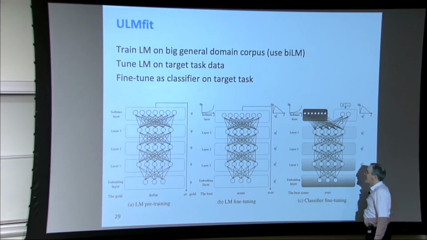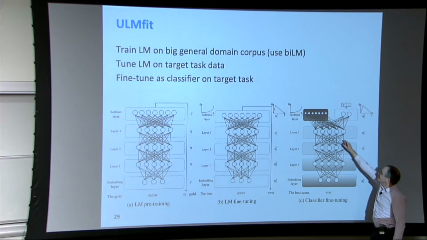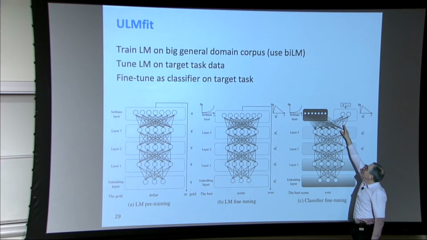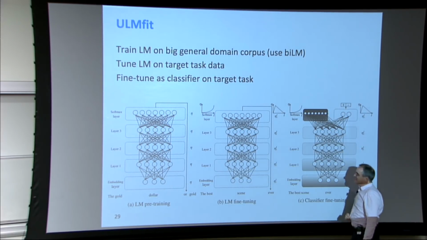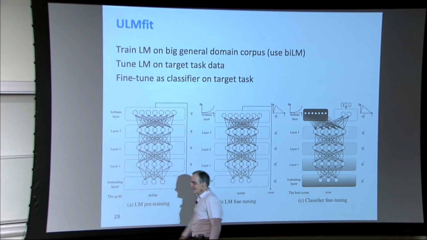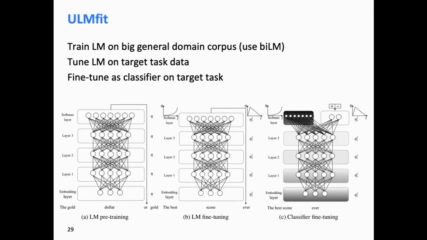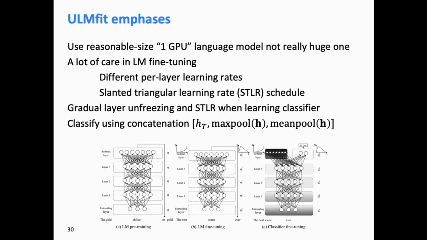That's why it's shown in black. But instead, they could stick on a different prediction unit where it's predicting stuff for a particular task. So it might be predicting positive or negative sentiment in a text classification task or something like that. So in their model, they're reusing the same network, but sticking on the top of it a different layer to do their new classification task.